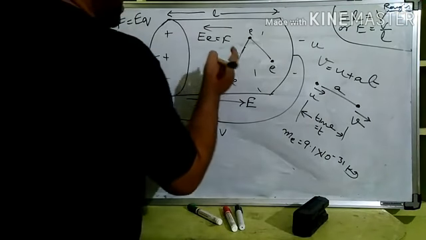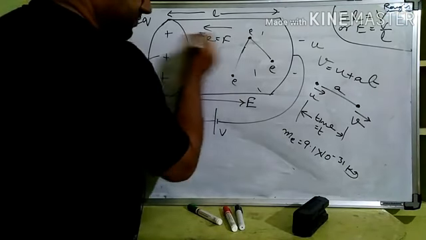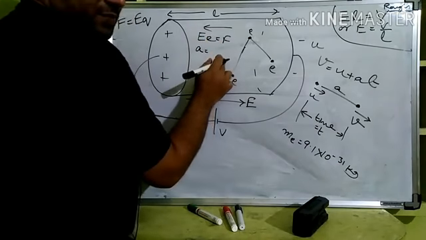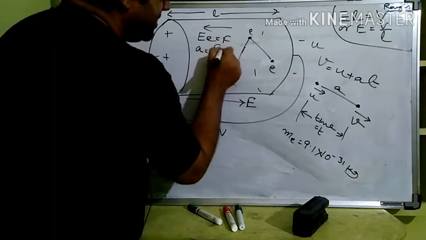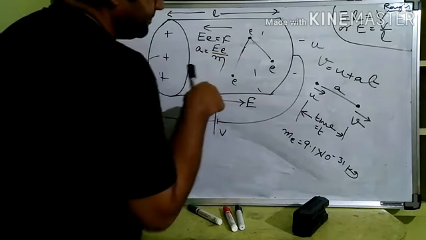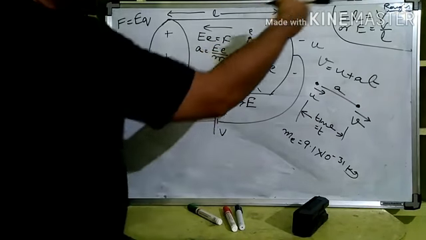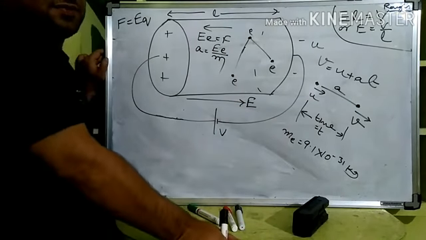So if there is some mass, then what will be the acceleration with which it will move? Force by mass, F is equal to ma, Newton's second law. So eE by m, right? With this much acceleration, it will move in this direction, right?